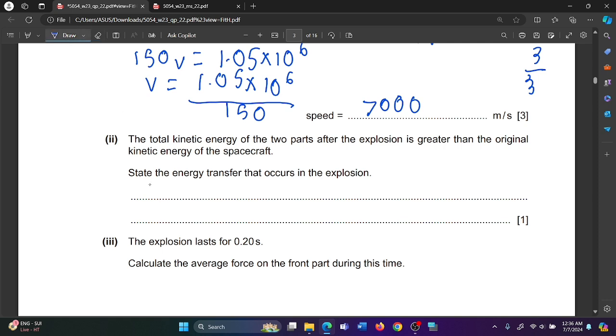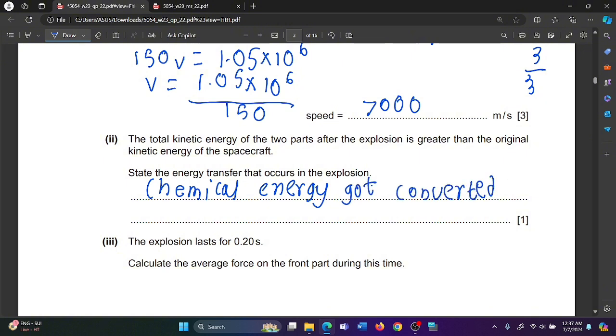Let's just write chemical energy got converted to kinetic energy.